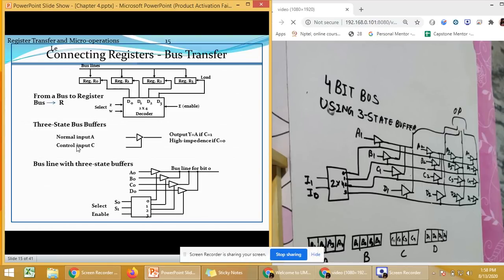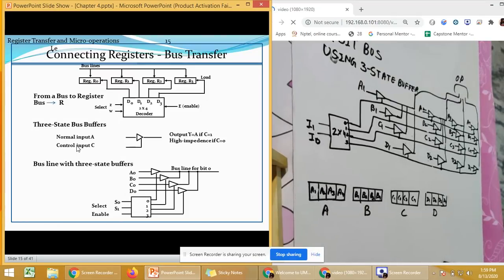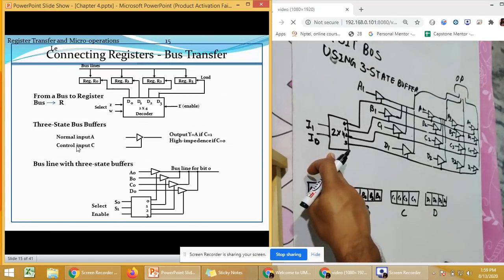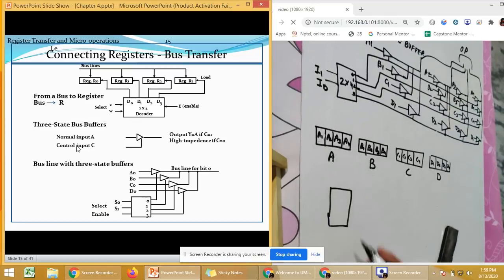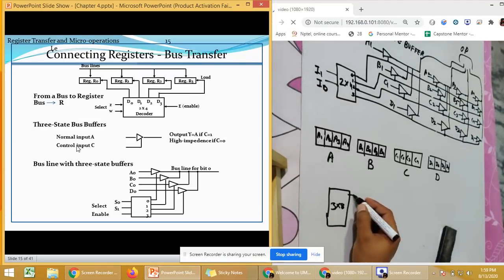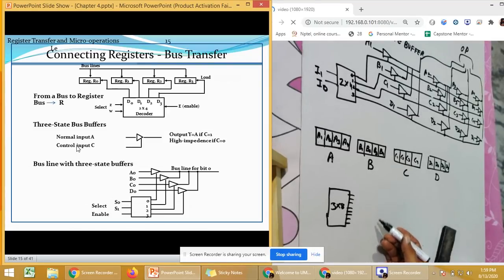Now after this, if you want to expand, like if you need to read 8 different registers, you will just increase the size of this decoder. Currently it is 2 to 4, then it will be 3 to 8. Now if it is 3 to 8, you are going to get 8 outputs from there, and 8 different registers can be read.